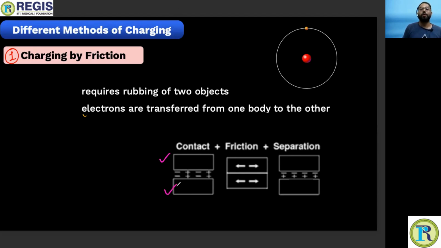Now let's suppose both objects are neutral. Now we are rubbing each other. Let's suppose towards this object the negative electrons, or we can say negative charge, are aligned. So now it's carrying negative charge and the other is carrying positive charge.